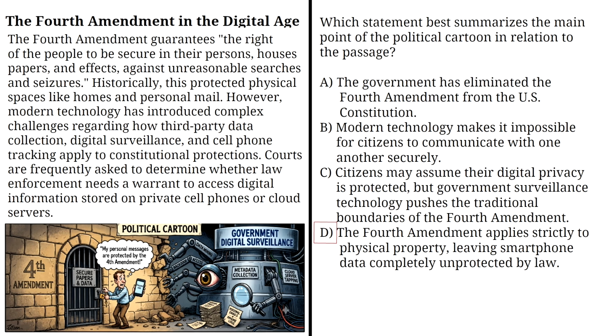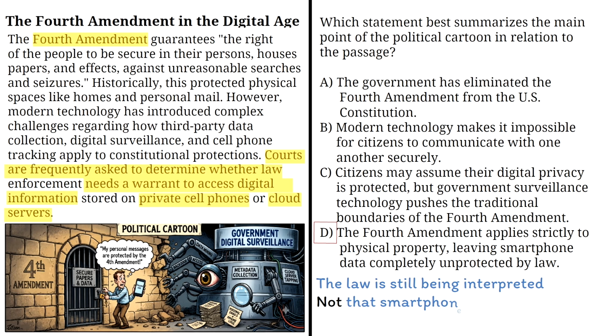Option D says, the Fourth Amendment applies strictly to physical property, leaving smartphone data completely unprotected by law. That's also incorrect. The passage says that courts are frequently asked to determine whether the Fourth Amendment protects digital information such as cell phone data and cloud storage. This means the law is still being interpreted, not that smartphone data is completely unprotected.